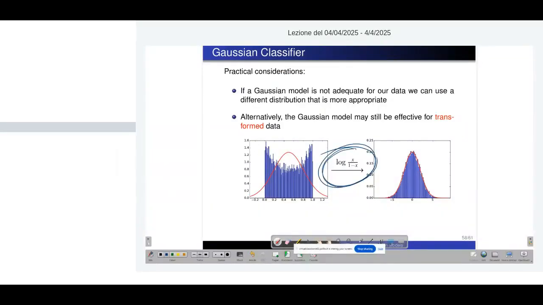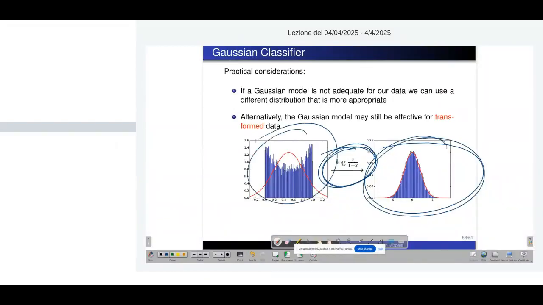Sometimes making a transformation of the features, transform my features into something that then can be described in terms of Gaussian densities in an accurate way. So sometimes transforming the features is a way to make a simple model work for something that looks like a complex task. Again, we will not do this.